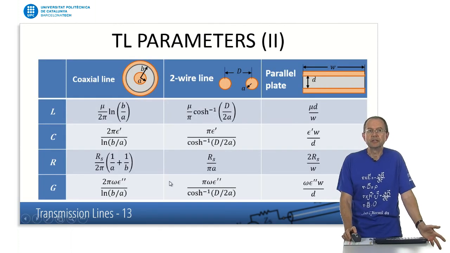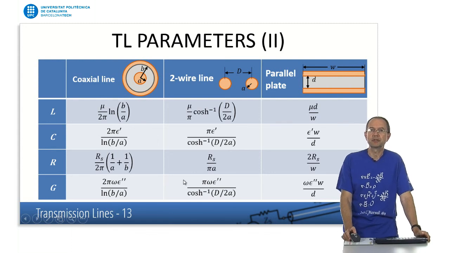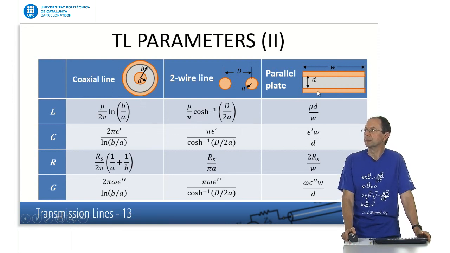What you see here are some representative examples of typical transmission lines. You have, for example, in the center, the two-wire lines that we have been talking about. You have here the expressions for these L, C, R, G parameters, and the same happens for the coaxial line here on the left, or the parallel plate line, which is similar to two-wire lines, but in this case the two conductors are just two parallel strips separated by a dielectric with a distance d.